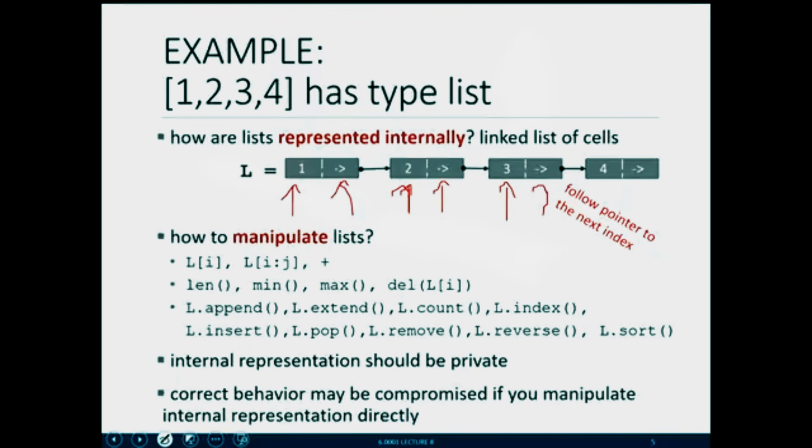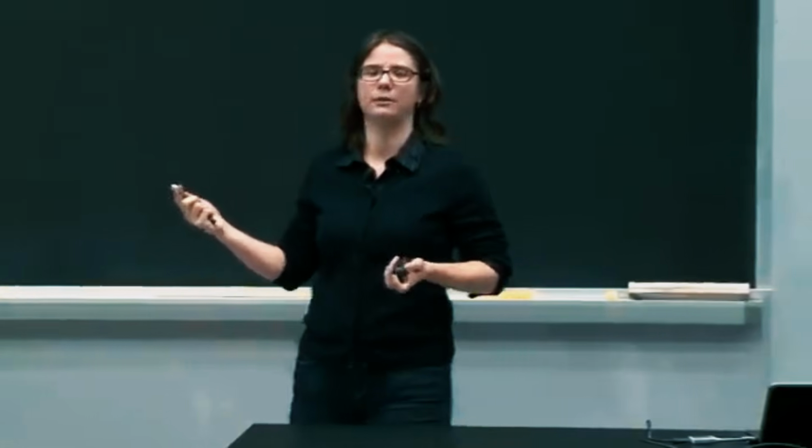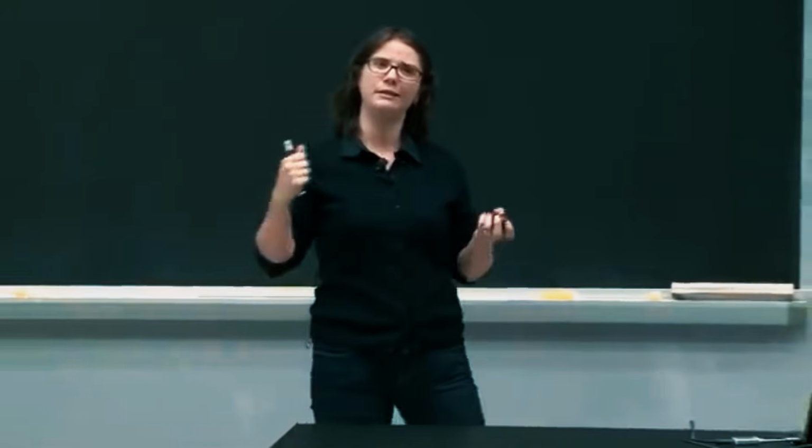So notice both of these, the internal representation and how you manipulate lists, you don't actually know internally how these are represented, right? How did whoever wrote the list class decide to implement a sort? We don't know. Okay? You also weren't aware of how these lists were represented internally, and you didn't need to know that.